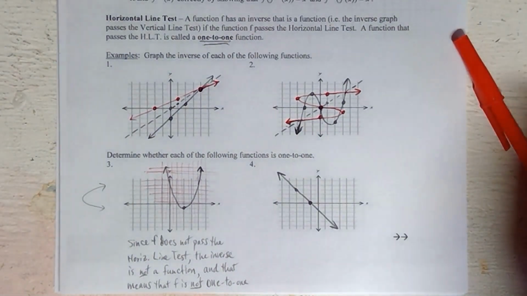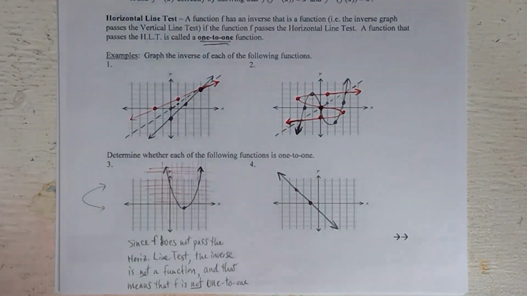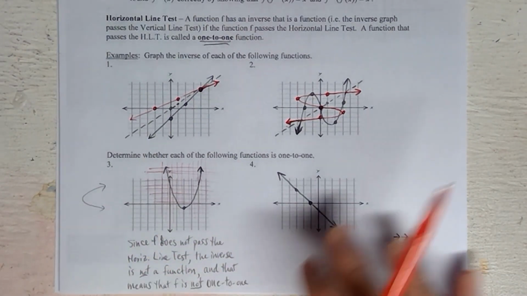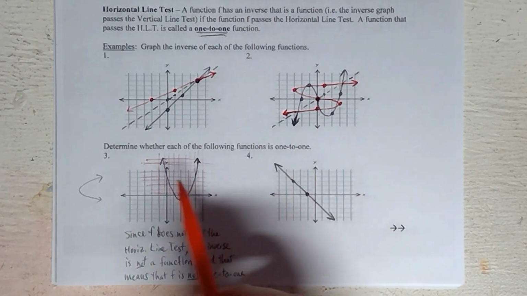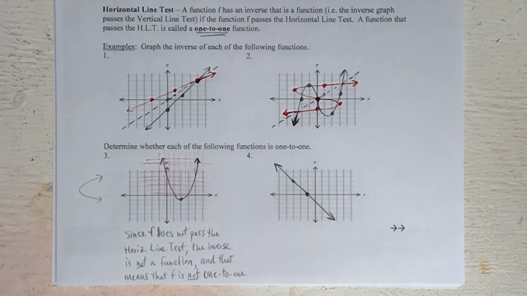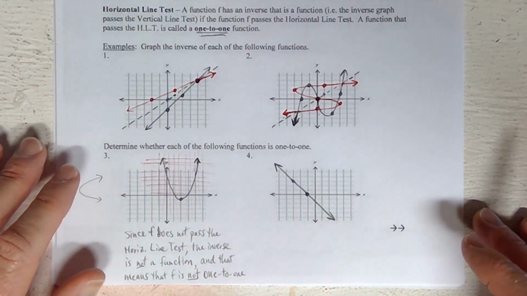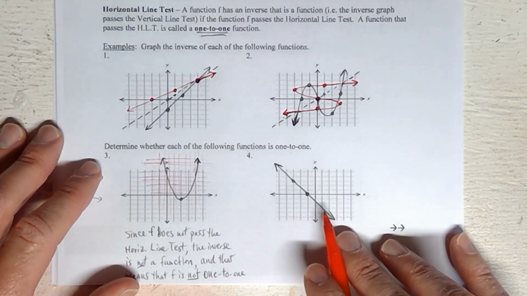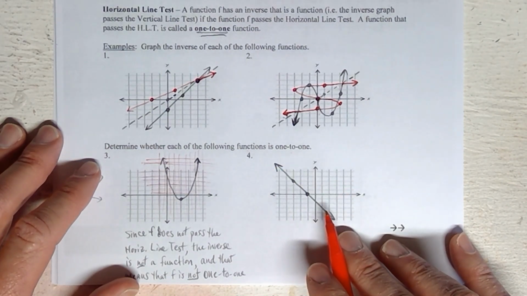So, in order to figure out if the inverse is a function, you figure out theoretically whether or not the inverse passes the vertical line test. But you don't even need to graph it to find that out, because again, in order to find out if the inverse passes the vertical line test, you just have to figure out if the original graph passes the horizontal line test. How about this graph right here? Does this pass both the vertical and the horizontal line test?